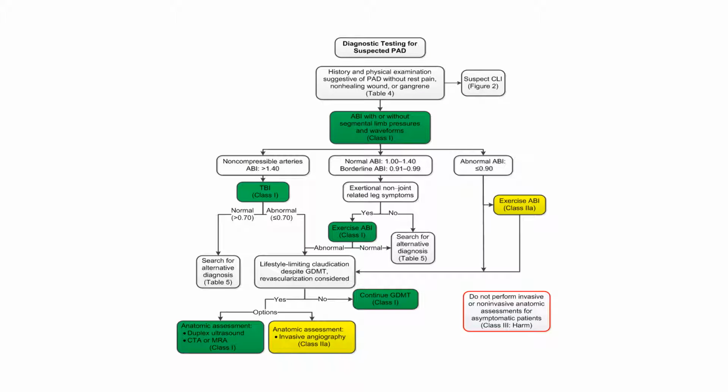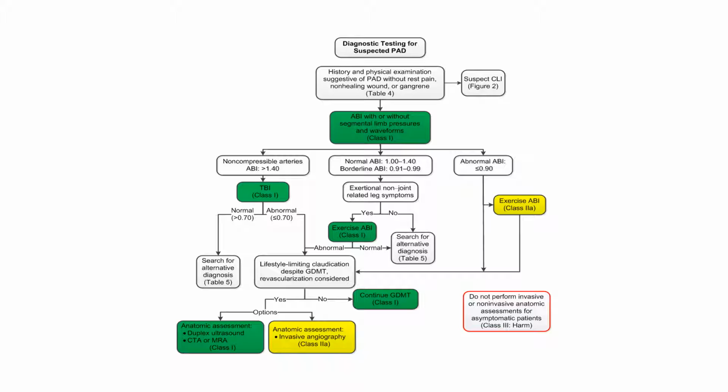The next two slides are kind of an algorithm on what we should do based on our assessment. The history and physical examination suggests peripheral artery disease without rest pain, a non-healing wound, or gangrene.